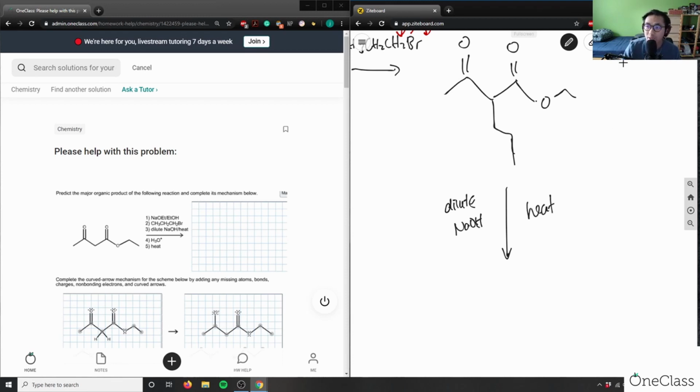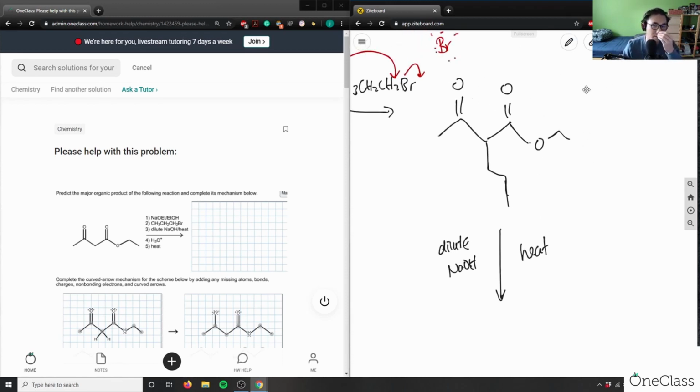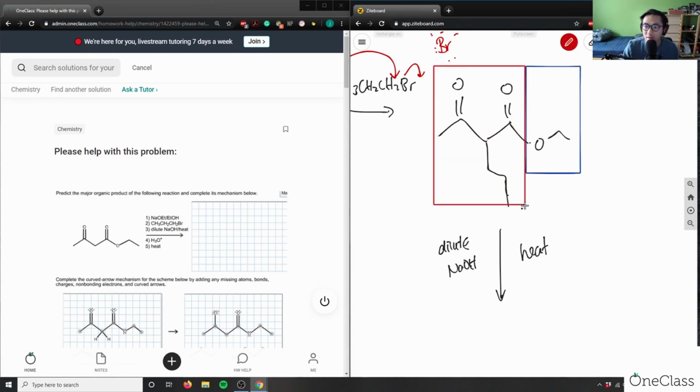So in the hydrolysis, as you can see here, this is the alcohol part. Let me draw this in blue. This here is the alcohol part, and the rest of this would be the carboxyl part.